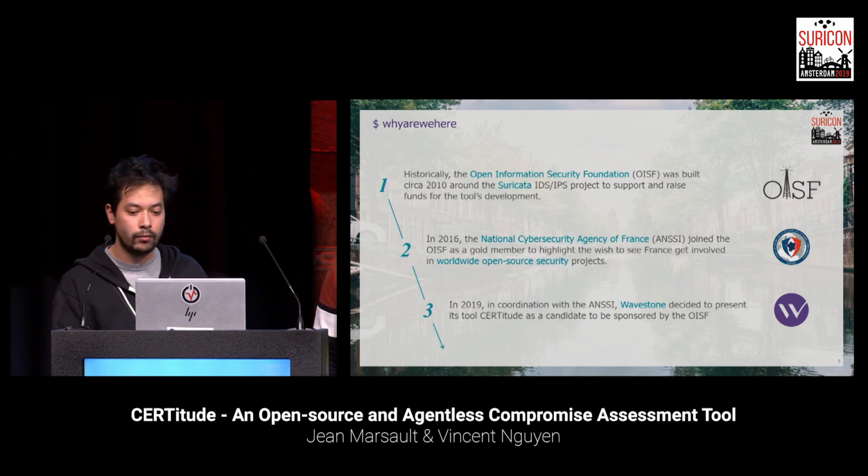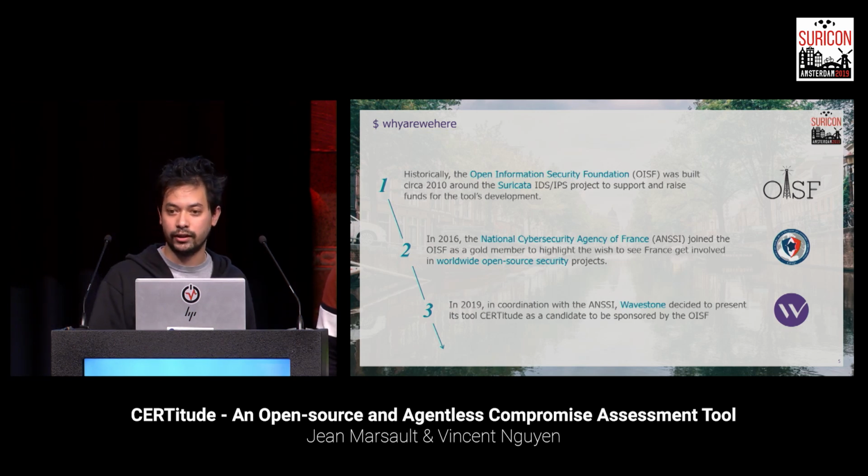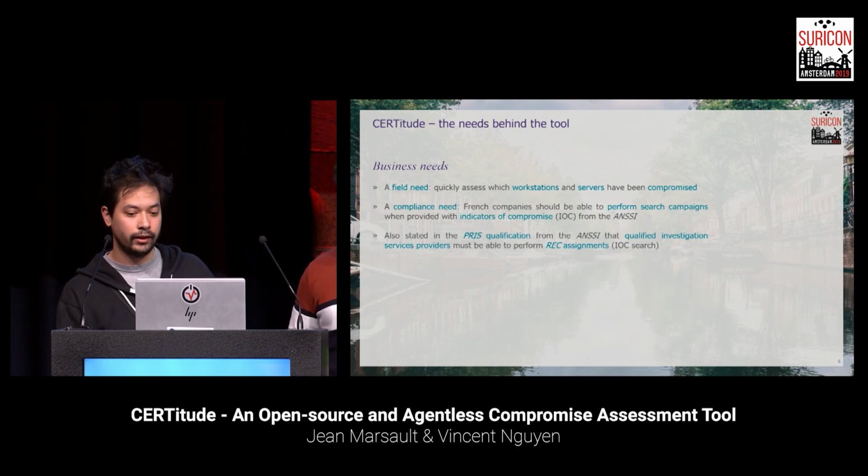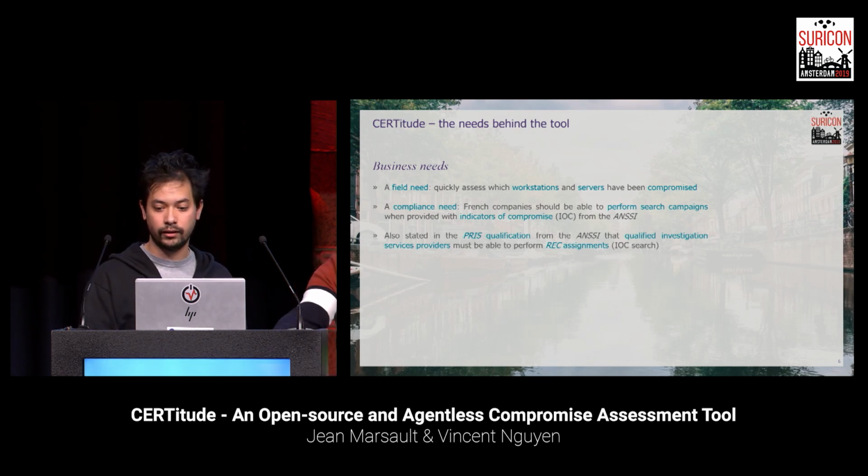And finally, some months ago, the ANSSI introduced us to Kelly and the OISF in order to discuss a potential integration of CERTitude within the OISF. So here we are to present what CERTitude is and see if people can be interested in contributing to this project.